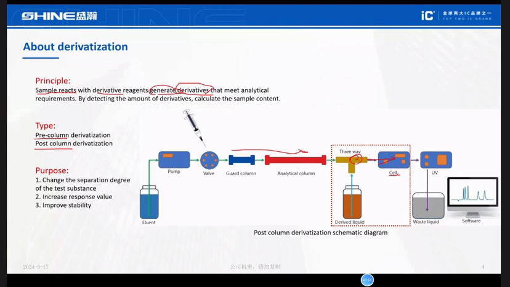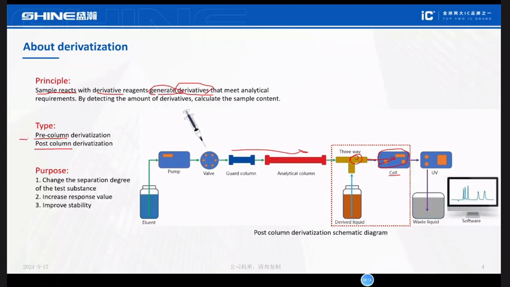The cell is the active cell. They will react and generate the derivatives, and then go to the detector. This is the post-column derivatization.